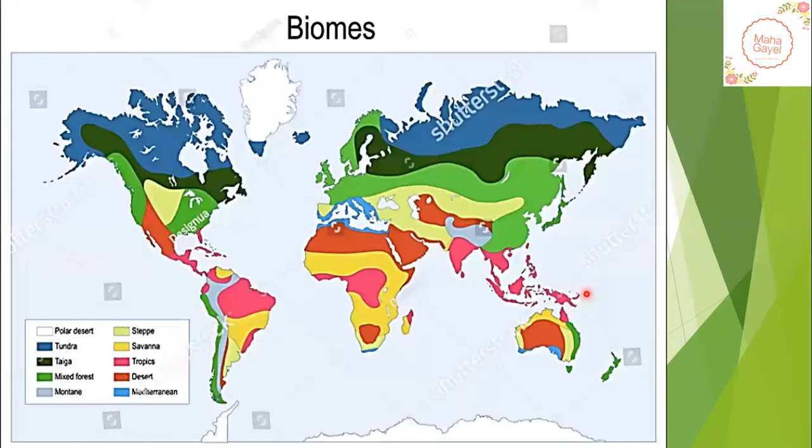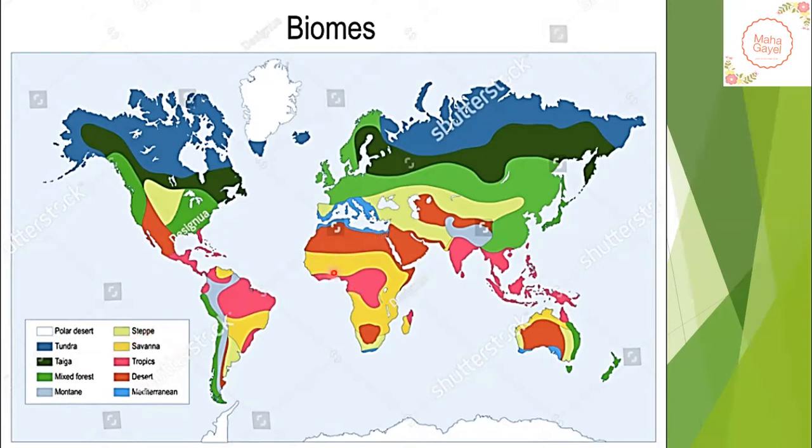Let's go further. Here you can see the whole world. The colors signify regions according to, as we have mentioned, the temperature and the amount of rainfall. The regions in red are the hot deserts, and Egypt is here exactly. What about the yellow?